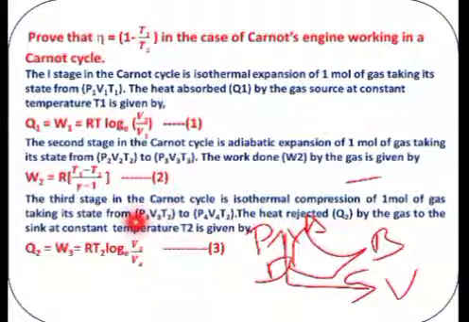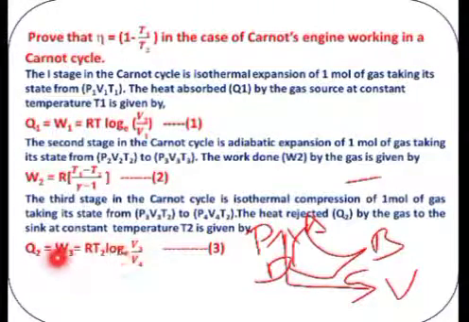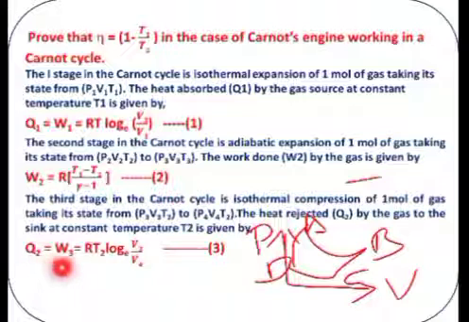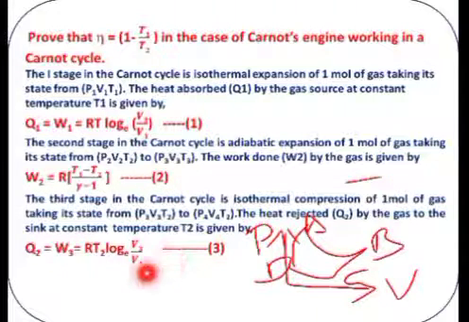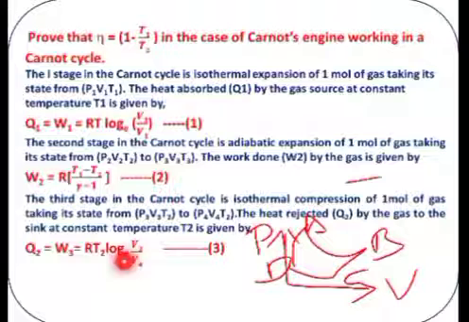So here P3 V3 to P4 V4, but there is no change in the temperature. We can call this equation number 3. Q2 is equal to W3, is equal to RT2 log of V3 by V4 to the base e.